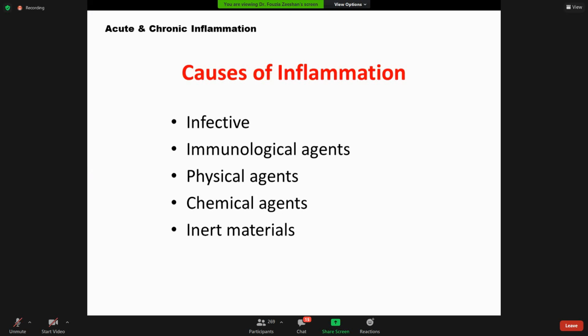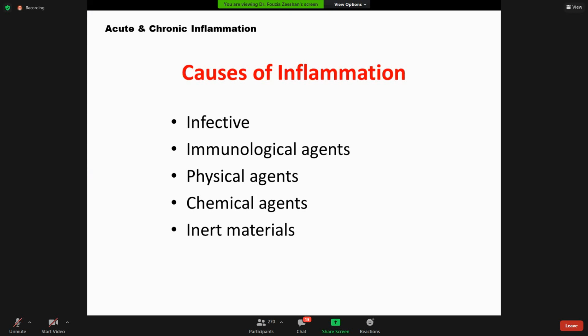Then immunological agents. Physical agents are usually physical injuries, traumas, accidents, burns, and so on.